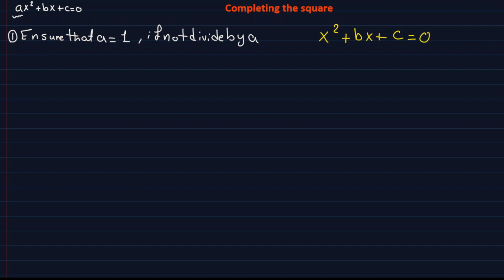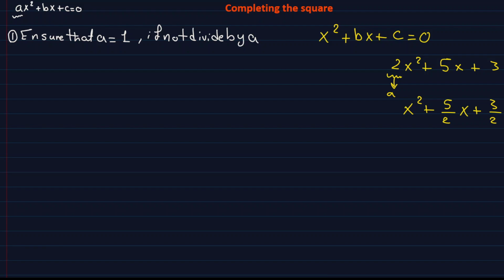Let me give you a very simple example. If we have 2x squared plus 5x plus 3 is equal to 0, now this is in its standard form. As a first step, divide the whole standard form by a, which is dividing by 2. You will have x squared plus 5 over 2 x plus 3 over 2 is equal to 0.